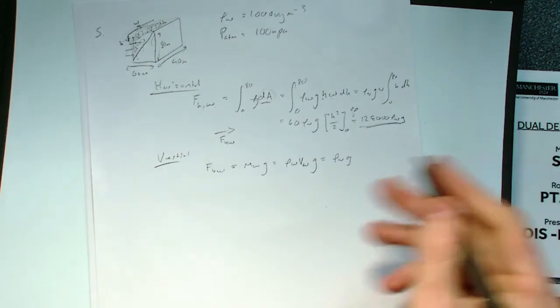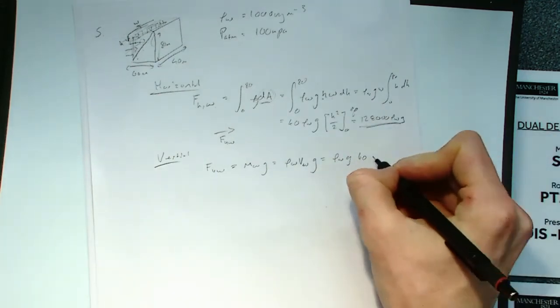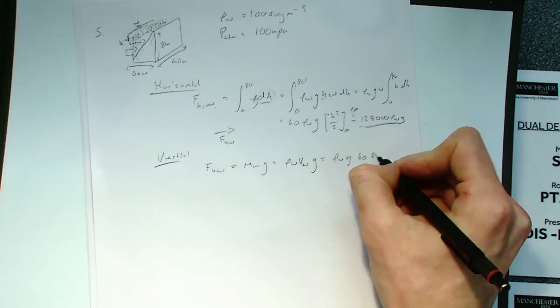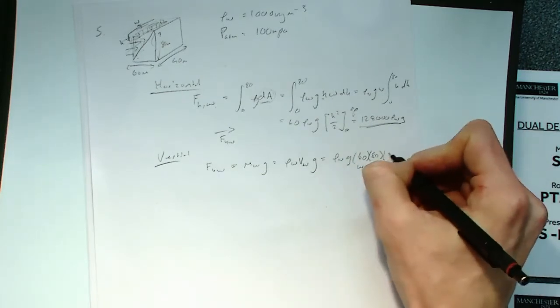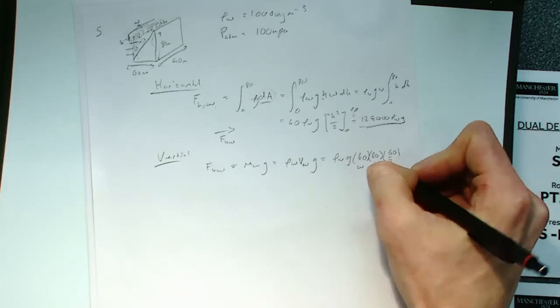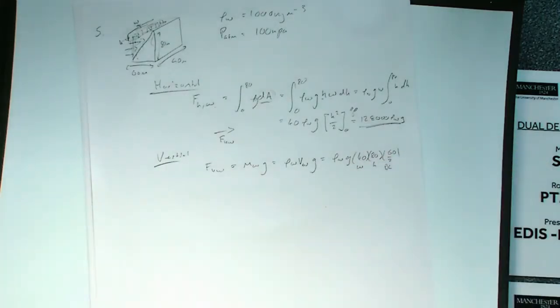So that volume is given by 40 times 80. So the 40 is the width, this is the width, this is the height, and then we've got 60 over 2, which is the B to C, this bit here, but going up there.